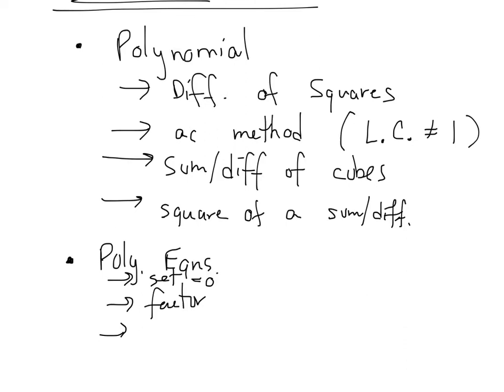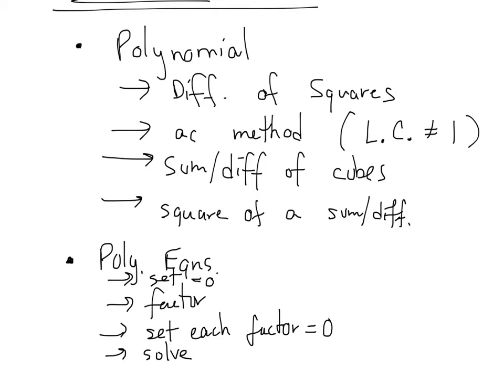So as a result, you set each factor equal to 0. And then solve. If you have 7 factors, how many answers are you going to have? 7. If you have 3 factors, you have 3 answers.